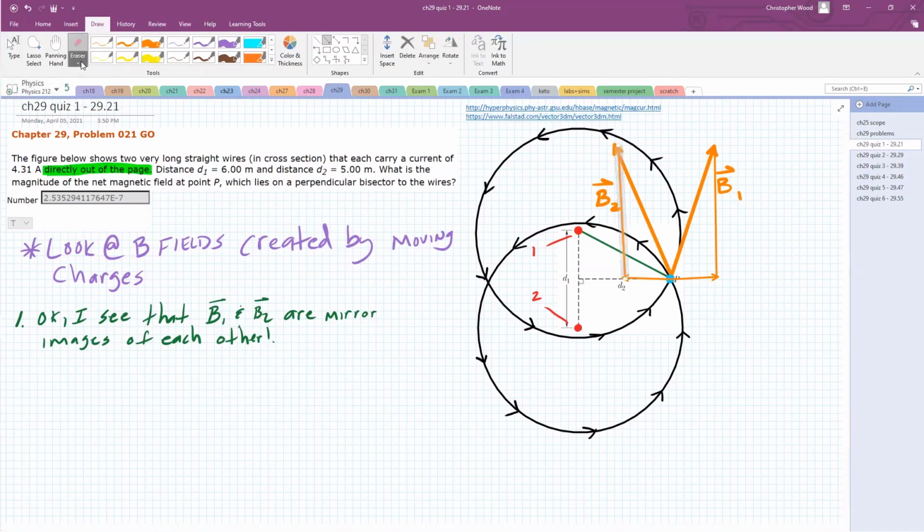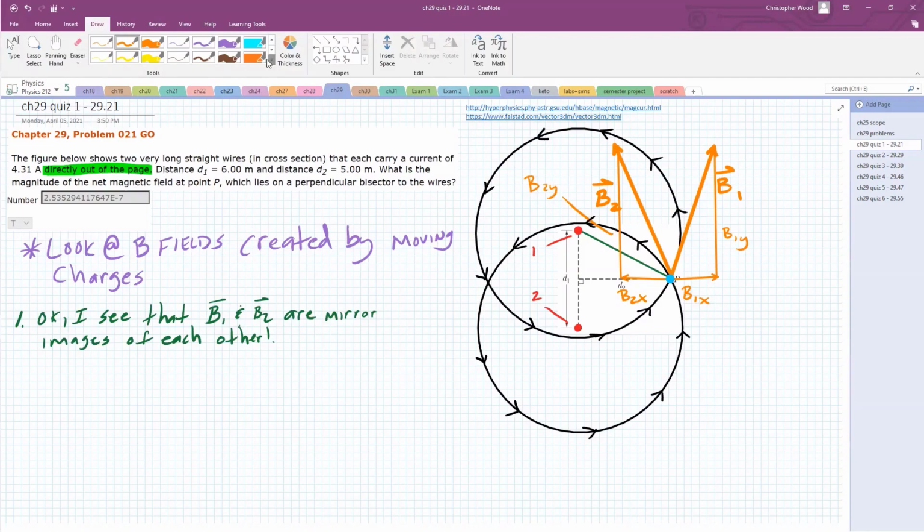And you can see there's some destructive interference and some constructive interference. I'll make note of that right now. B2x is going to the left. B1x is going to the right. B1y is going straight up. B2y is going straight up.